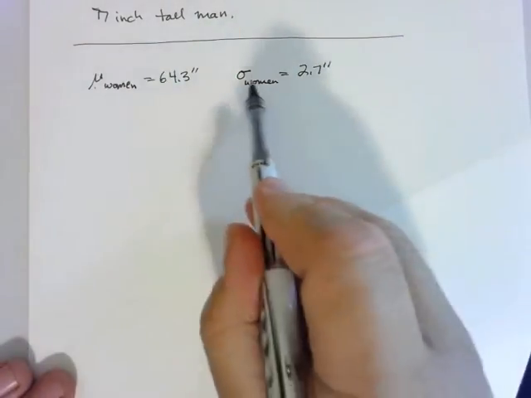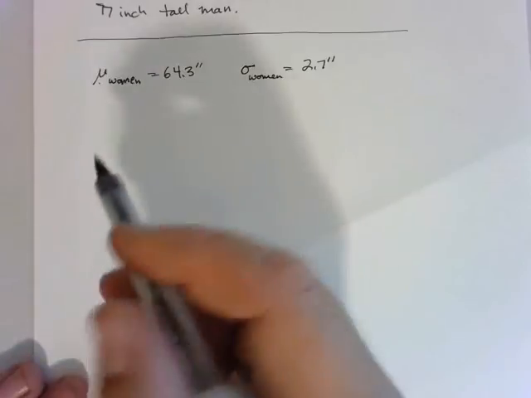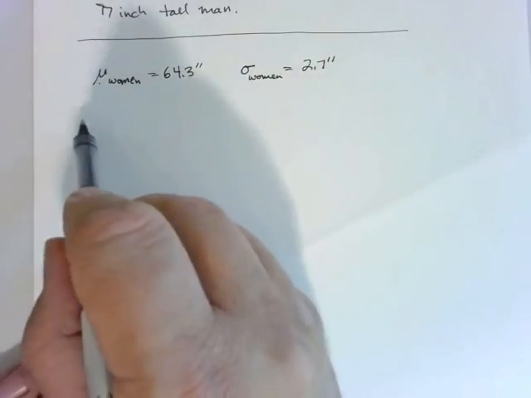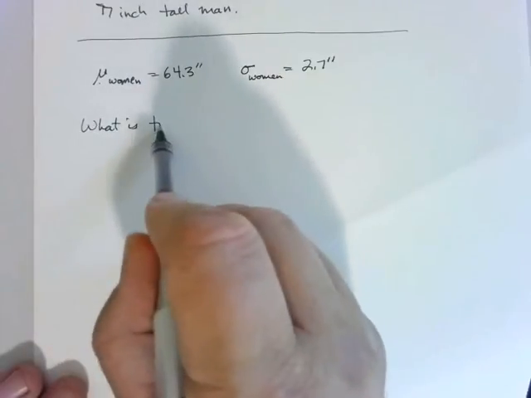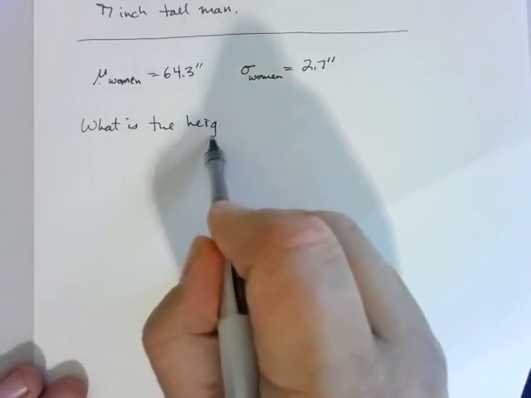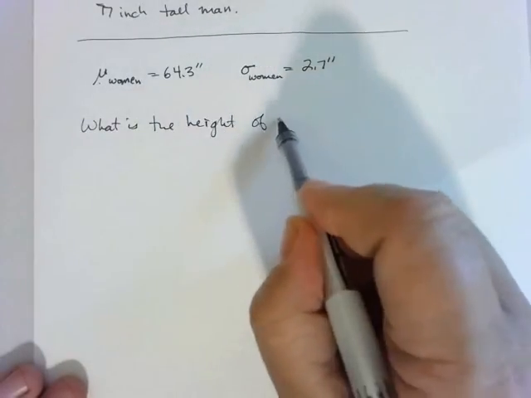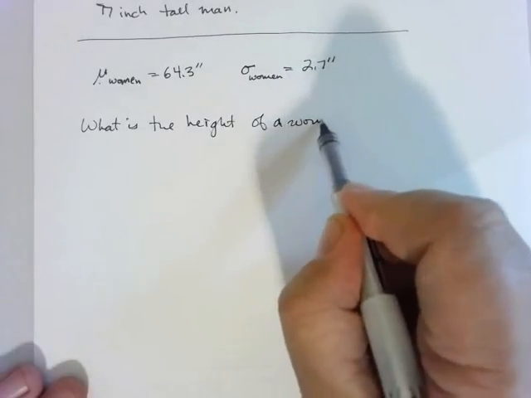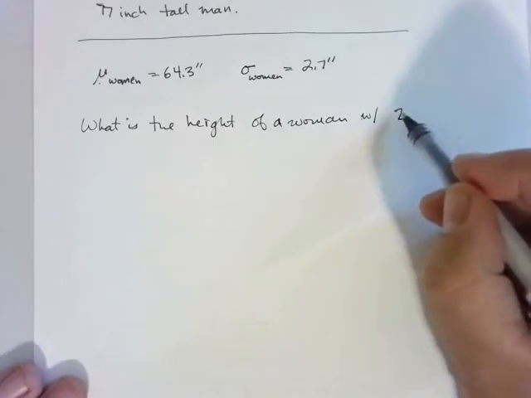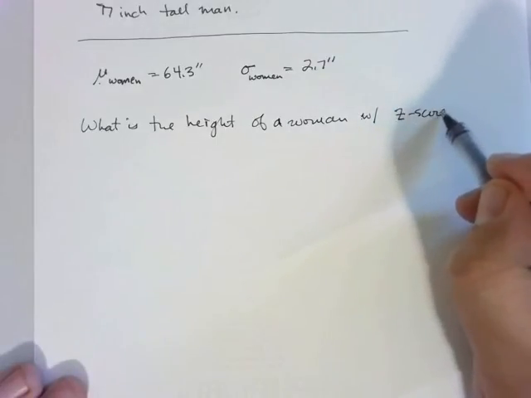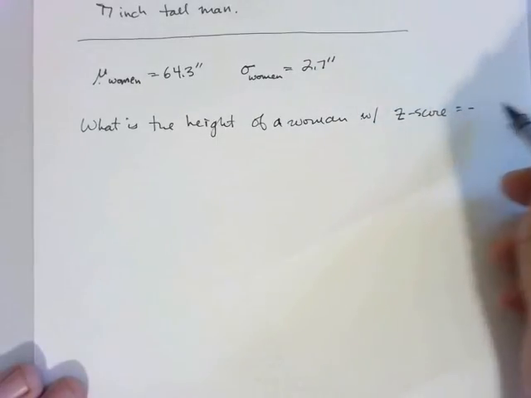That's the Greek letter mu, that's the Greek letter sigma. Let's say I ask the question, what is the height of a woman with z-score equal to negative 0.6?